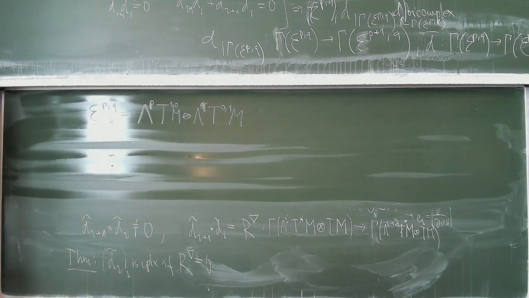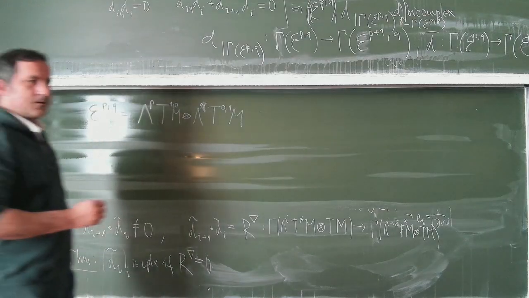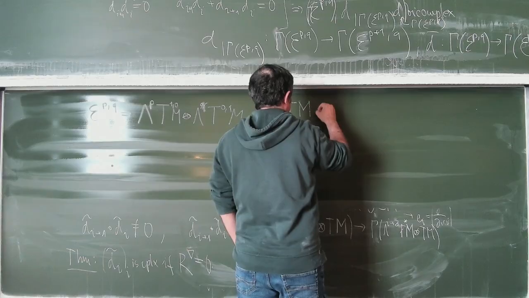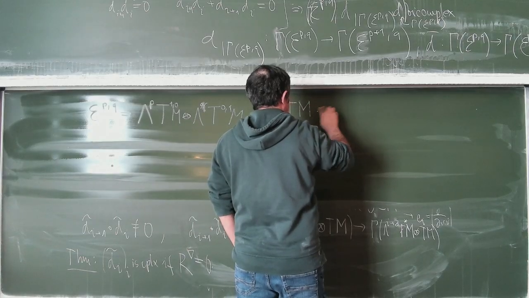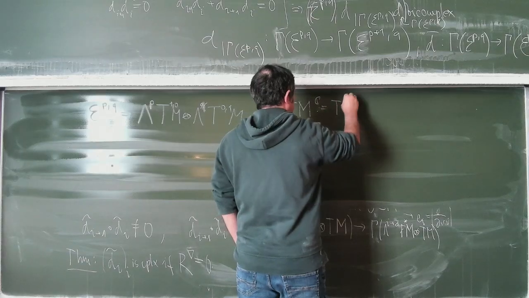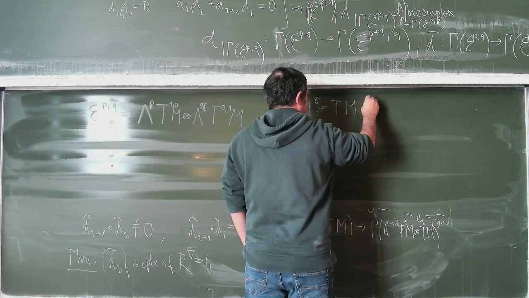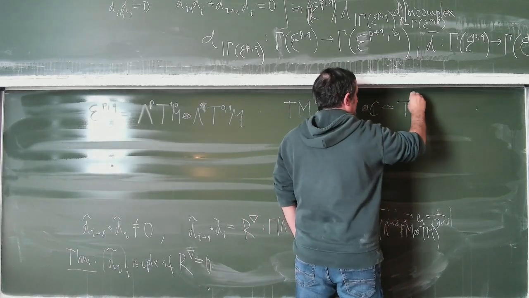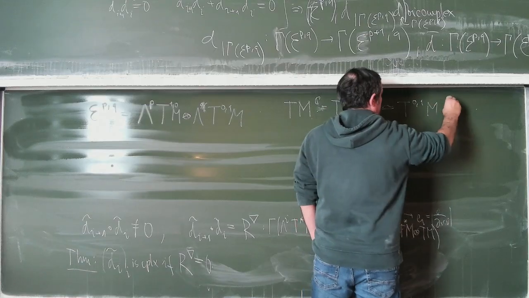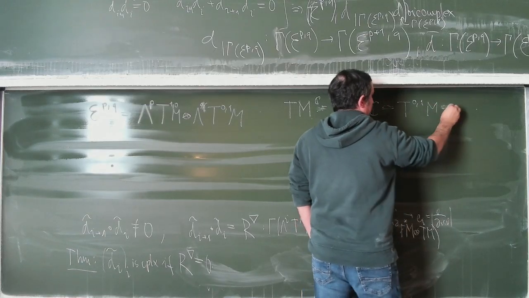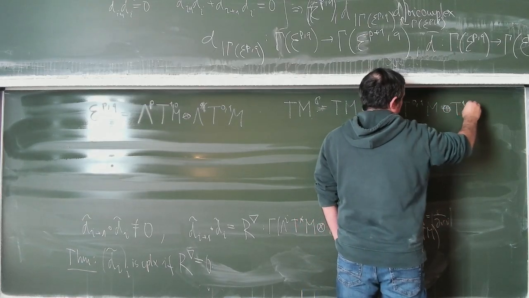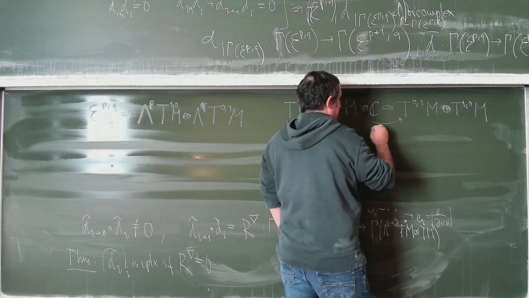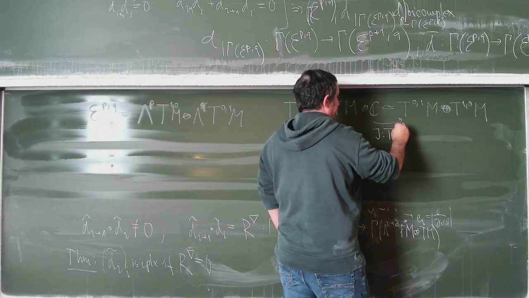So we can form these bundles if TM complexified, meaning TM at each point is complexified as a vector space, decomposes into two complex vector spaces with respect to the action of the complex structure.